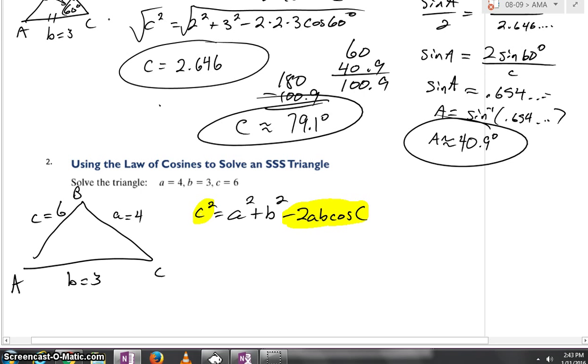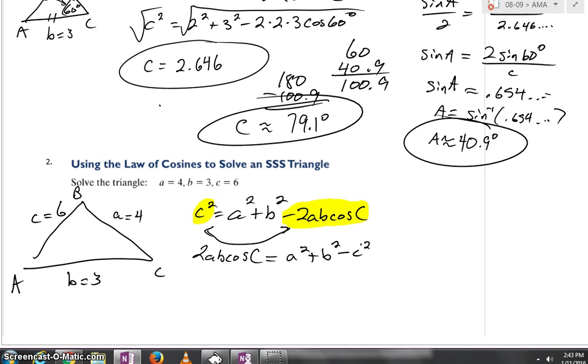Tell you what, how about we do a little switcheroo? How about we bring 2AB cosine of angle C to the left side and we subtract C squared from the right? Sometimes kids will say, well, why on earth are you doing that? I'm solving for cosine of angle C. And doing that isn't all that bad.